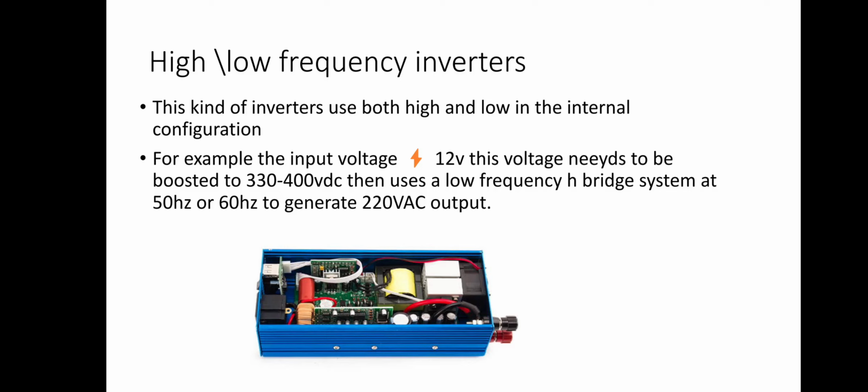Then the second one is responsible for generating a signal at 50 hertz to drive your H bridge that will give out that 220 using 4 MOSFETs. That is H bridge, 4 MOSFETs. Now the one behind generates a frequency of 150 kilohertz. Some generate 100, some generate 150, depending on the company, but mostly it is 150 kilohertz.